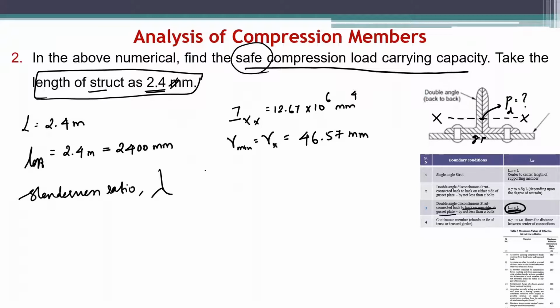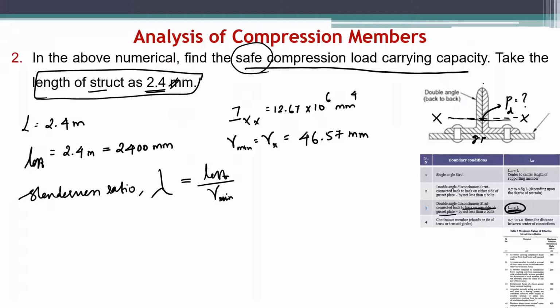Slenderness ratio, lambda. Slenderness ratio is L effective upon least radius of gyration or corresponding radius of gyration. Now we are concerned about minimum radius of gyration because that is where the buckling is going to happen, or that is the axis on which the load carrying capacity is minimum, the axis x.